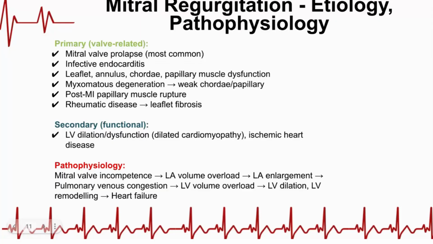I've also written here myxomatous degeneration. This is really associated with people who have genetic disorders like Marfan syndrome and Ehlers-Danlos syndrome. What myxomatous means is that it's a connective tissue disorder.